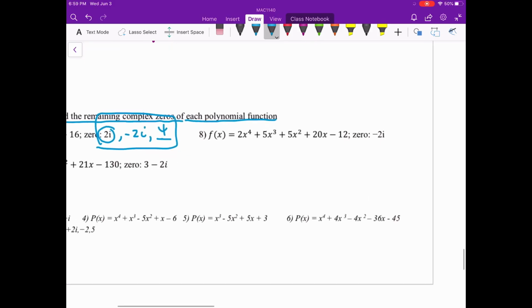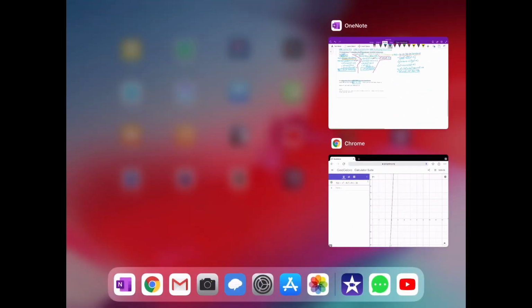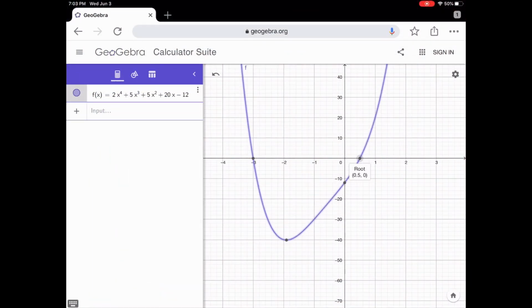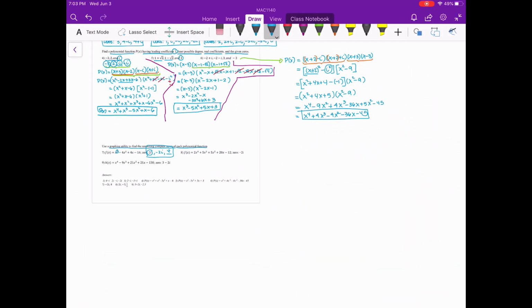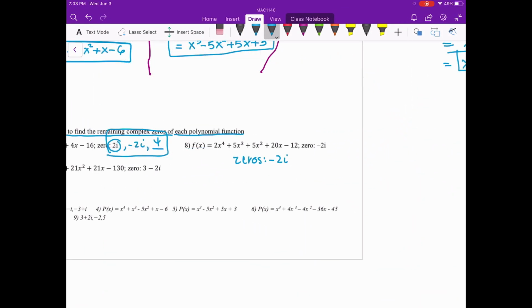I'm going to go ahead and show you with number 8. So here you can tell that the roots are 1/2 and -3. -2i, 2i, 1/2, and -3.